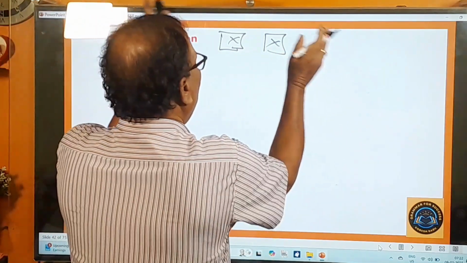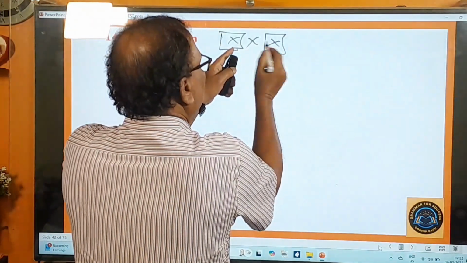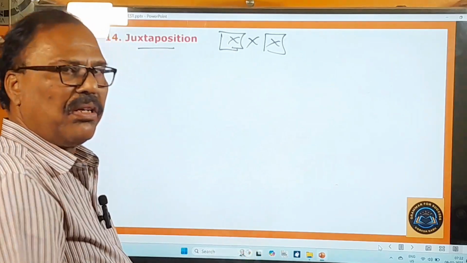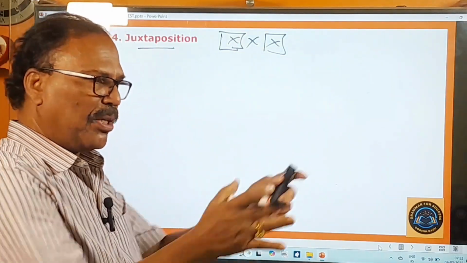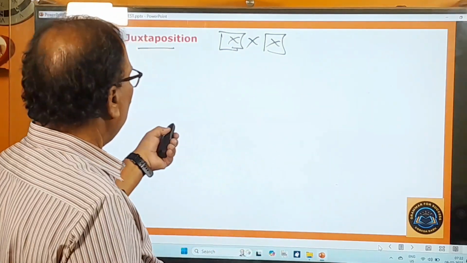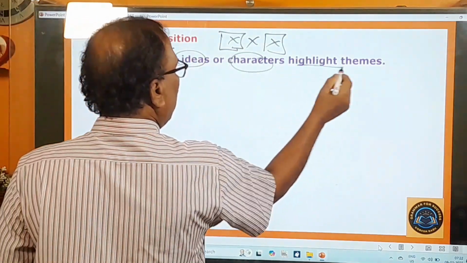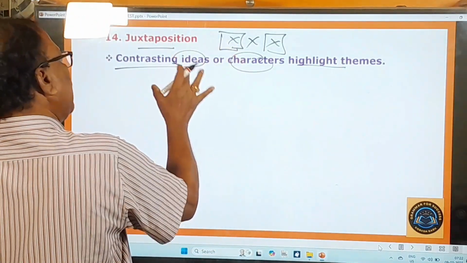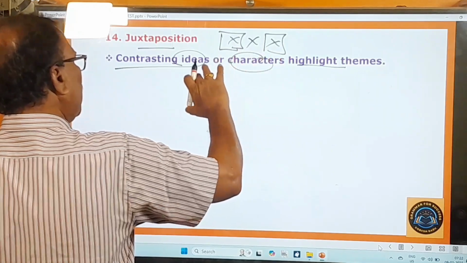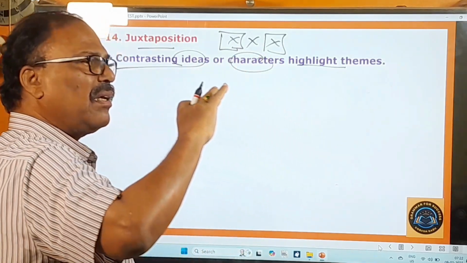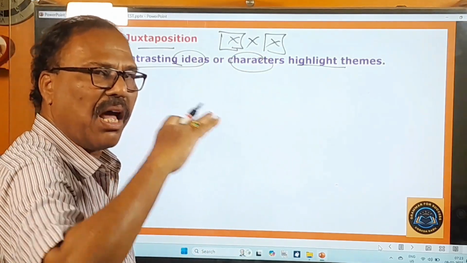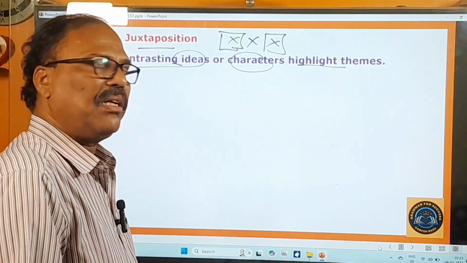Keeping two things side by side, comparing and contrasting them, that is called juxtaposition. Keeping the two things side by side, right? And here contrasting ideas, characters, highlight themes. Whenever writers do such things, that writing or drama or novel or story will be really successful.